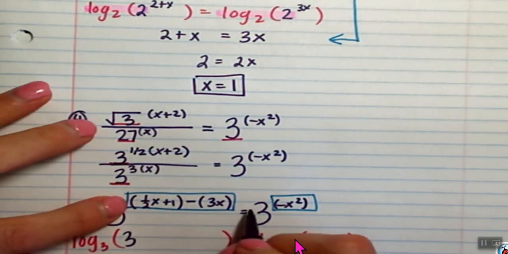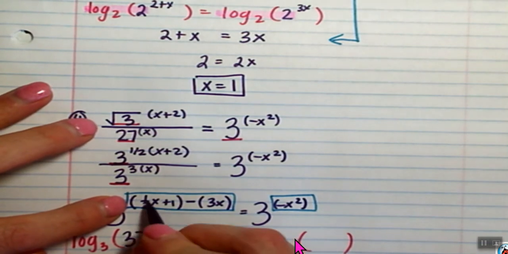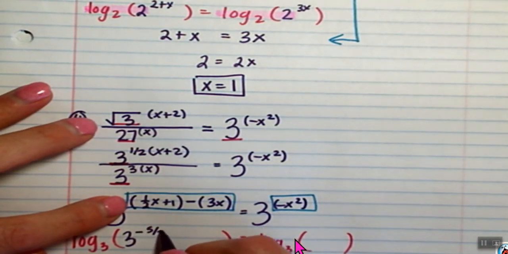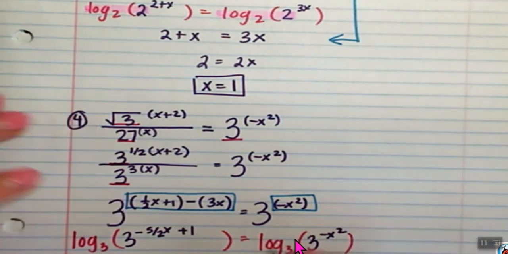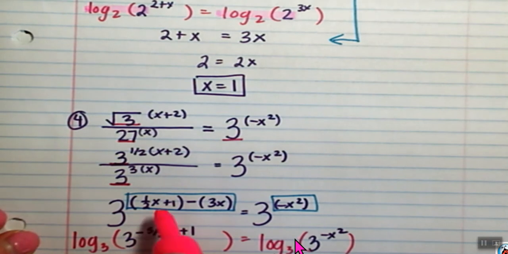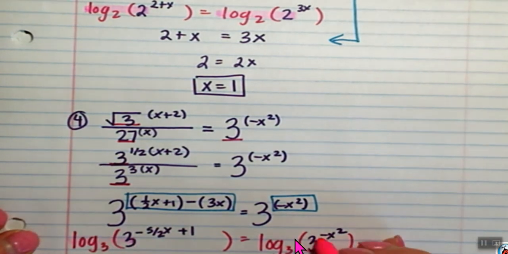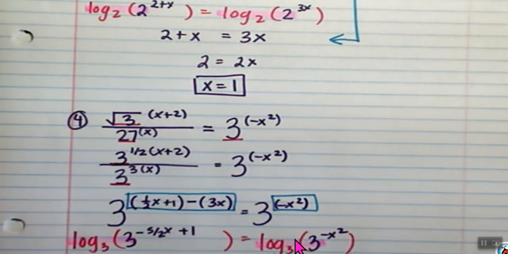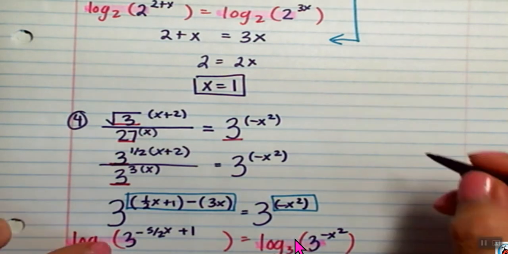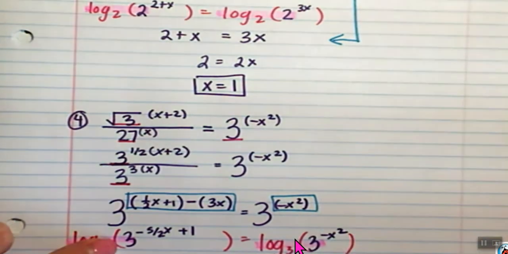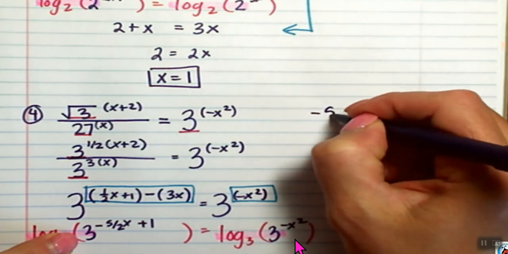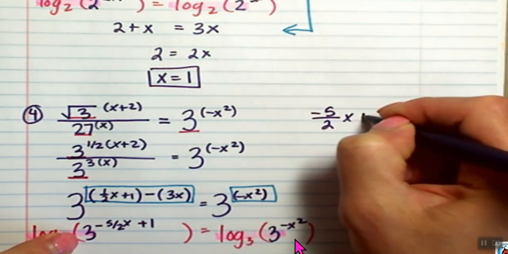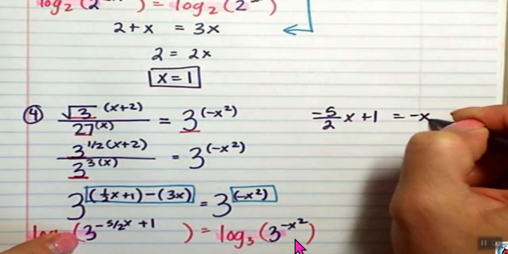can I combine terms as I do this? Minus 5/2 x plus 1. My inverse property tells me that these 2 things cancel. And I'm left with, I'm going to bring it up here, and I'm going to work from there. Minus 5/2 x plus 1 equals negative x squared.